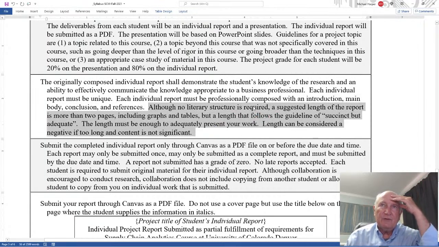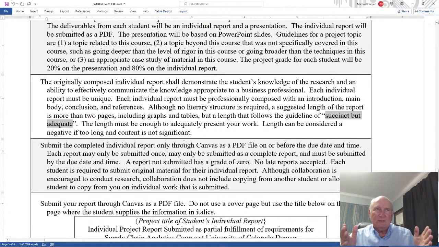Although no literary structure is required, a suggested length of the report is more than 2 pages, including graphs and tables, but following the guideline of succinct but adequate. That's my favorite saying: succinct but adequate. Don't say things too long. Don't say too much. Be very succinct, but long enough to be adequate.